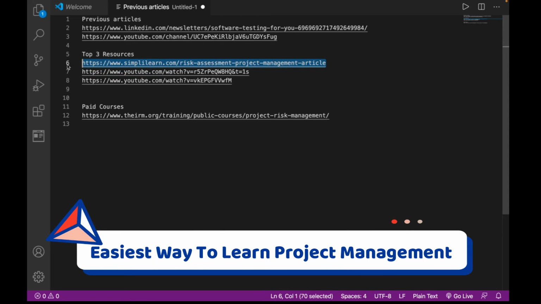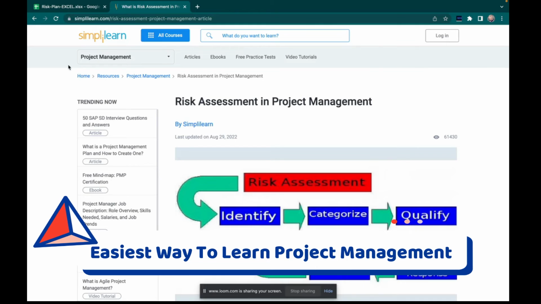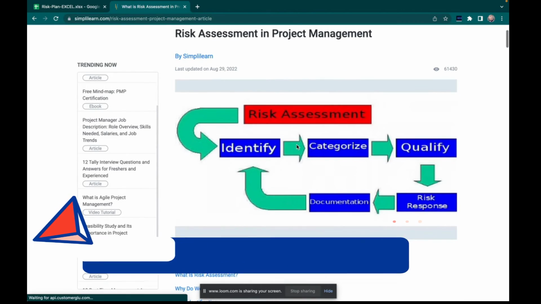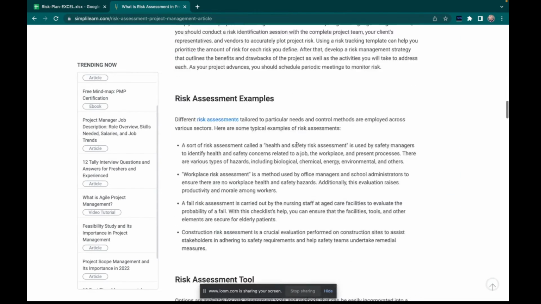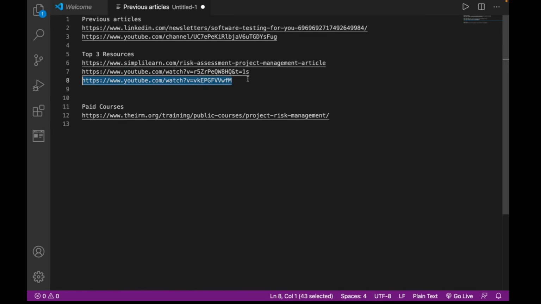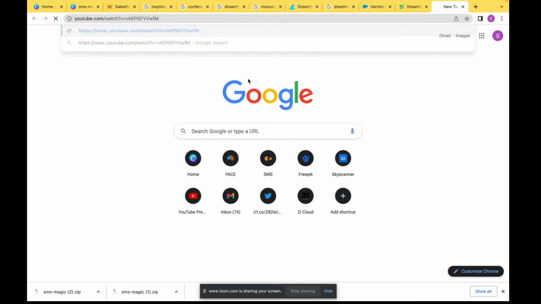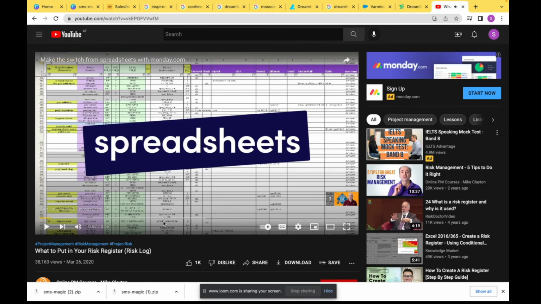So this is a really simple article from Simply Learn, as the name goes, where they have a template, they have a workflow towards the risks and the complete description of it. Likewise, there are certain YouTube channels like that of Mike Clayton, who is a renowned guru in project management, and Everyone Loves Spreadsheets. Definitely go through his videos and understand this in detail.